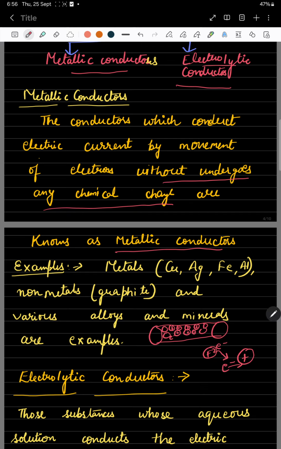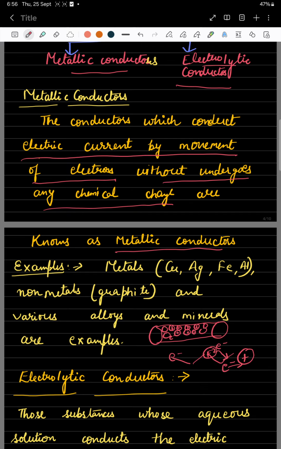So we can easily observe that the electrons are leaving their atom but are attracted by another positively charged atom. So many electrons are there, moving in random directions. So the conductors which conduct electric current by movement of electrons: in the metallic conductor you have so many electrons moving in a random direction.